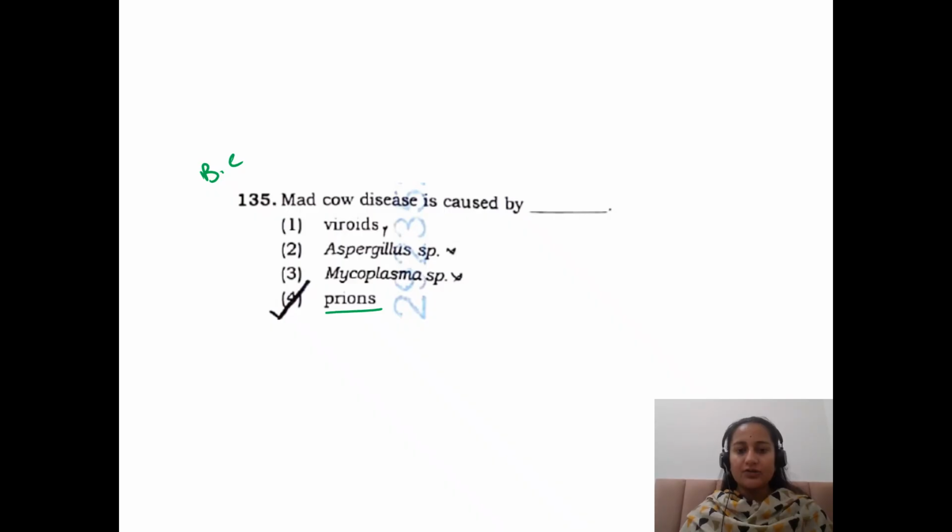These prions will cause mad cow disease, also called BSE, bovine spongiform encephalopathy, in the case of cattle, and it will also cause Creutzfeldt-Jakob disease in the case of humans. CJD will be in humans, BSE in cattle. So that is caused by the prions. Due to the misfolding, they will reach the human brain or the animal brain and make them mad.